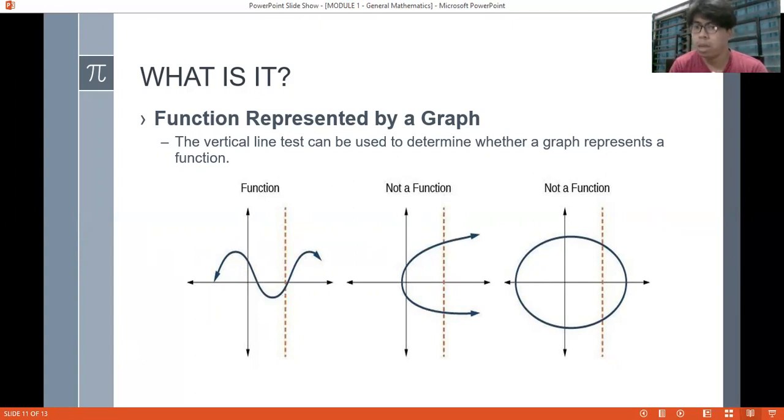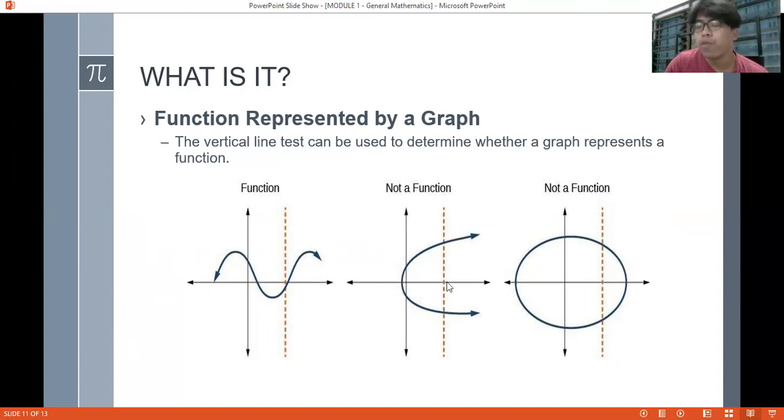Yes. Okay, very good. So we consider this a function because we use the vertical line test. If the vertical line test meets the graph once, that is a function. Meaning to say, if the vertical line test meets more than once, or twice, that is not a function.